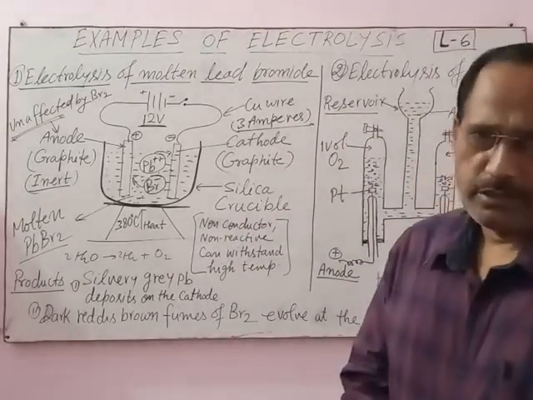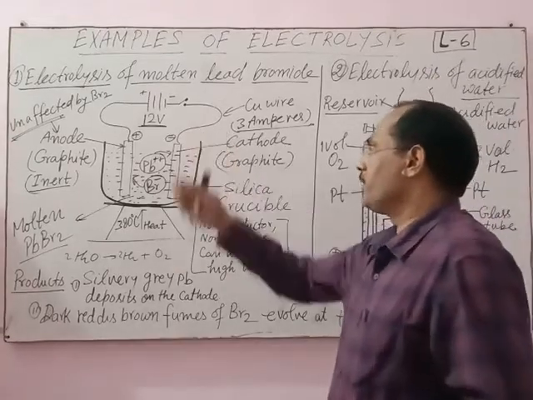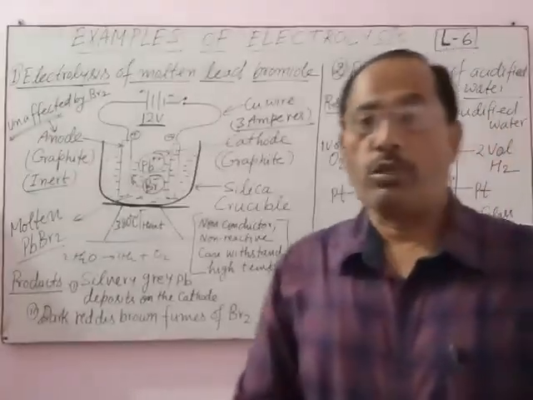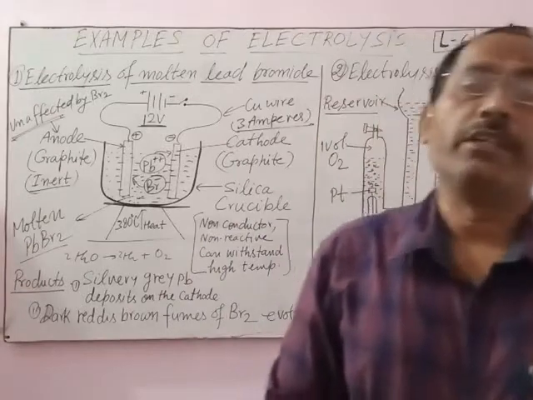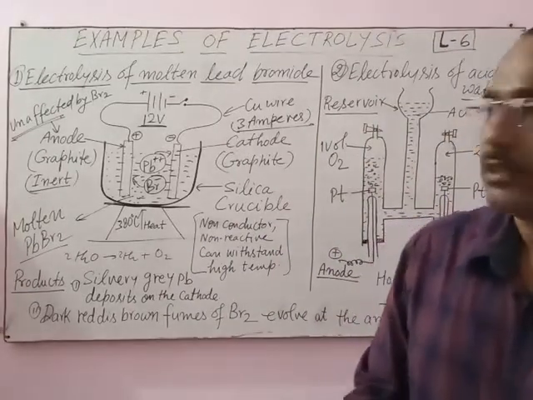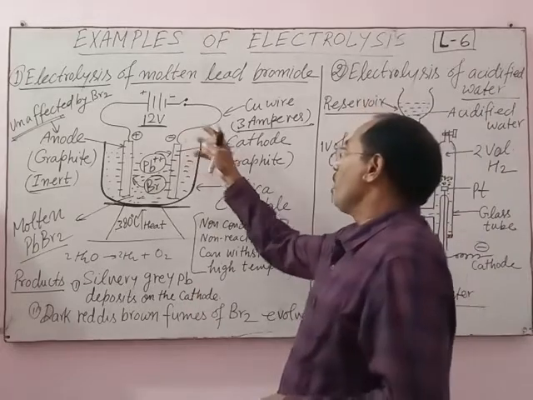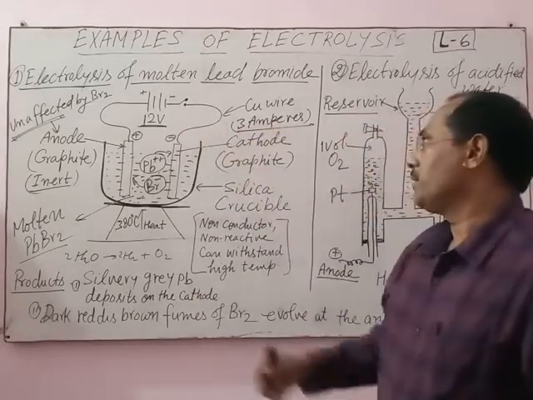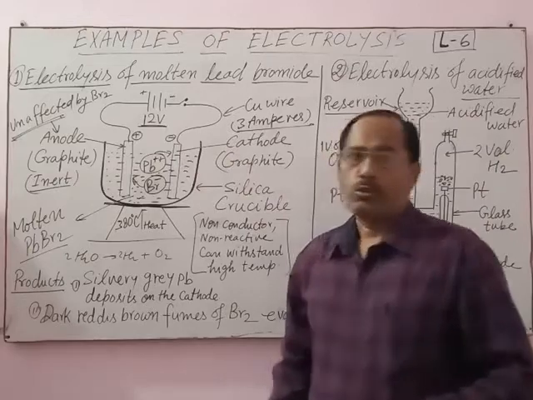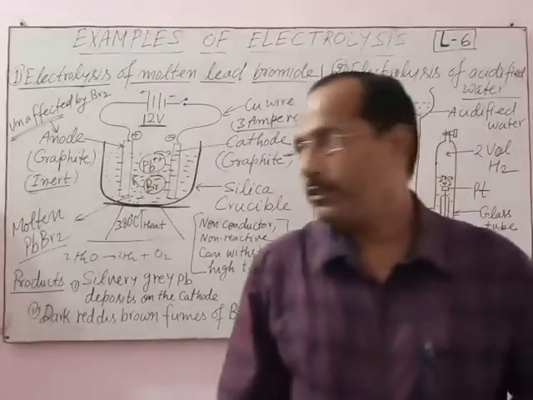During electrolysis, means when current is passed through the battery, only DC current is used for the electrolytic process. It is of only 3 amperes by a 12 volt battery.